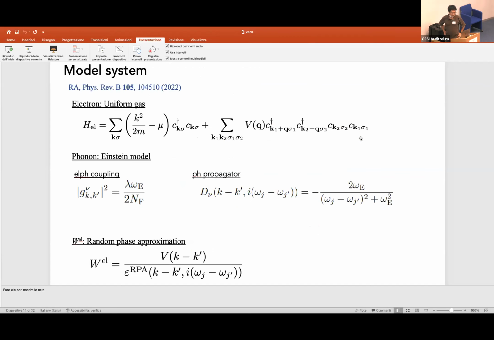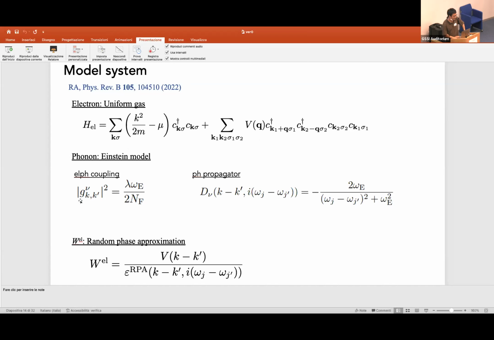Okay, so let me introduce my model. The electronic system is a uniform gas, so the spectrum has a parabolic dispersion. And this is the bare Coulomb interaction for electrons. This is actually not the trivial uniform electron gas. I also consider a phonon effect as an Einstein model with tunable coupling and frequency parameters.